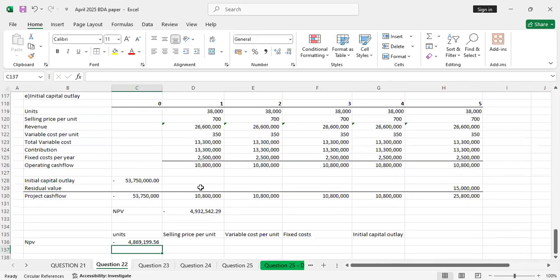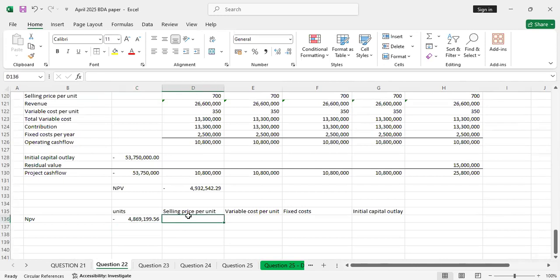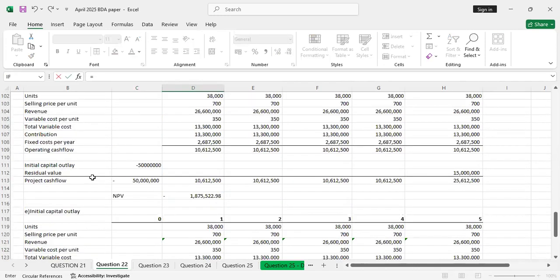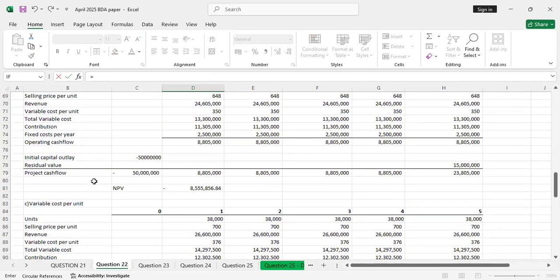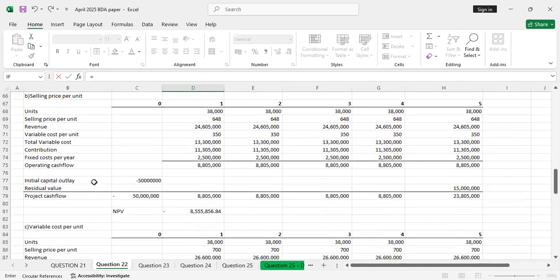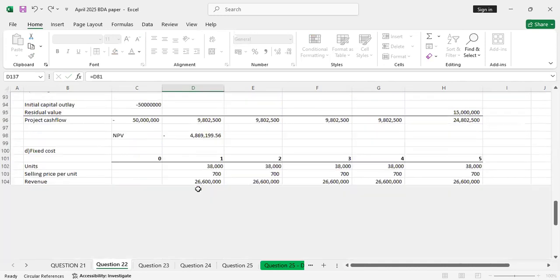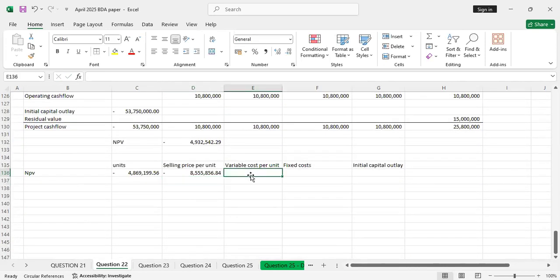I'll put it there. Selling price per unit, it is here. Enter variable cost per unit.